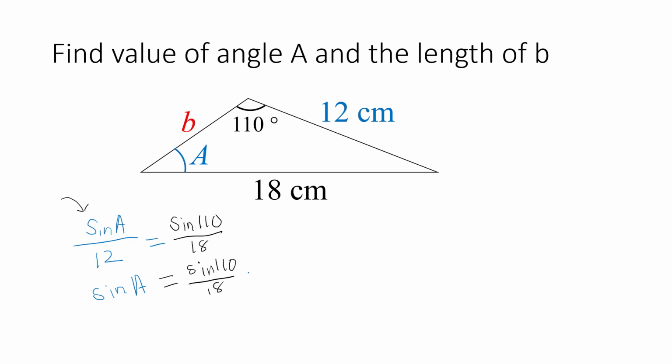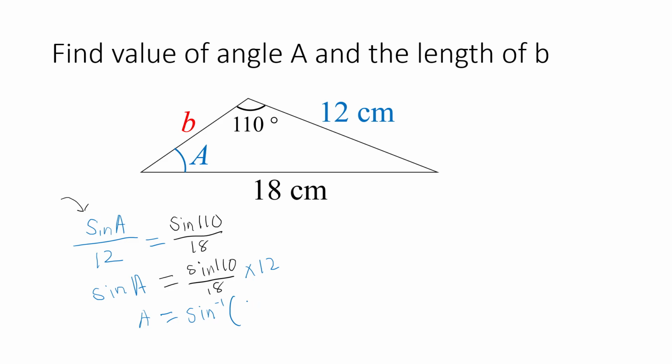Divide by 12 I move over, it becomes times 12. So I will just leave this as it is, because we are not interested in finding what is sine A. We are interested in finding what is A. So to find A, we move the sine over, and remember the first lesson, when we move sine over, it becomes sine inverse of the whole thing.